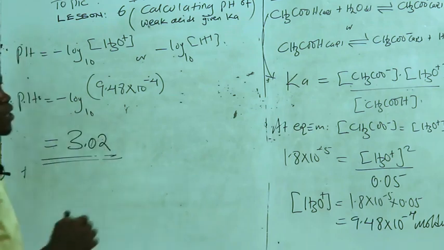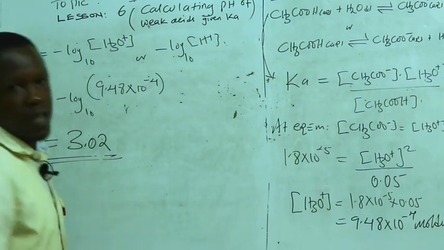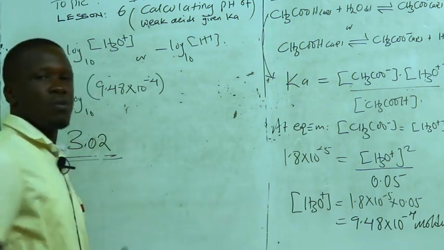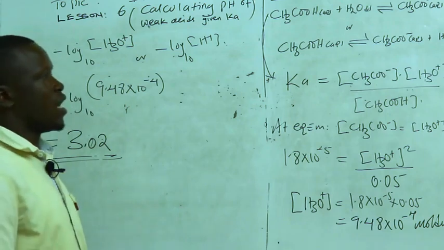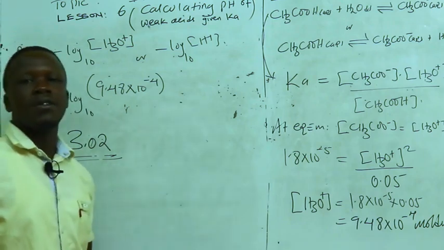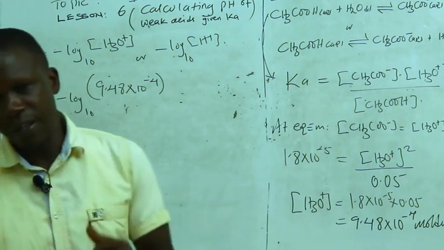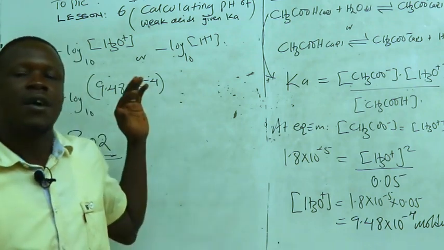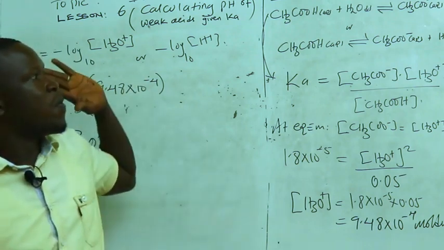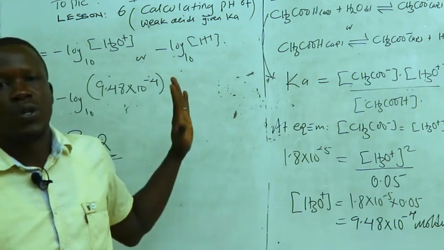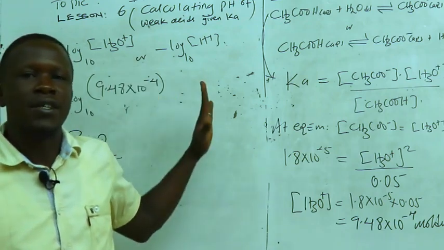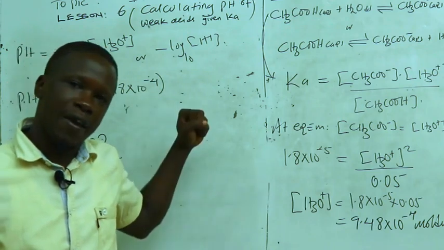And this value is correct, because it is less than 7. The pH of weak acids must be less than 7. So that is how we determine the pH of weak acids using Ka.